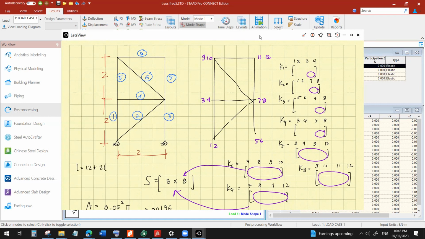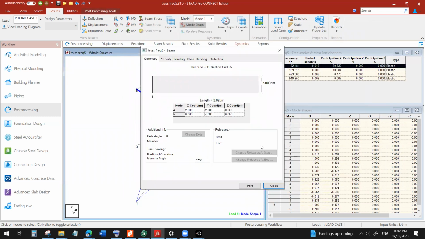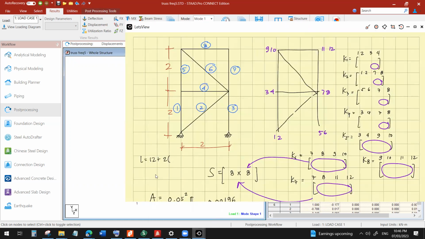Is the length of the diagonal, 2.828, times 2, so that will be plus 12. 17.656. Yeah. So, that's the total length.